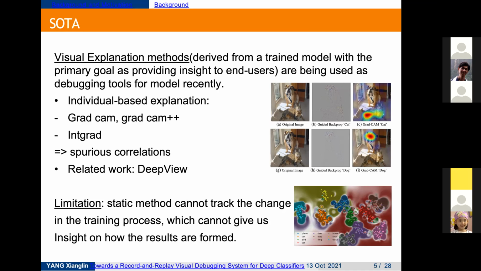Although this method could serve as a potential debugging tool for finding spurious correlations. For example, if the model predicts the image to be a dog, however, the method highlights pixels not on the dog itself but on the background, then it could be a spurious correlation.